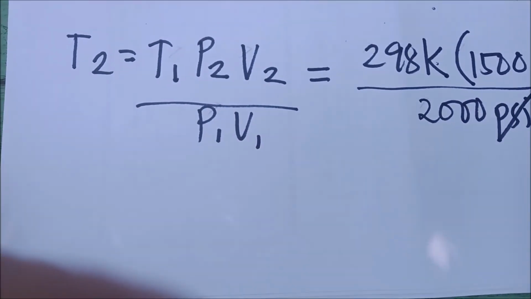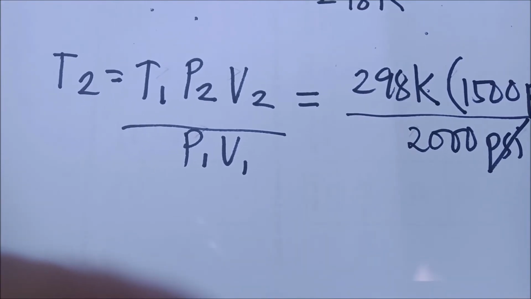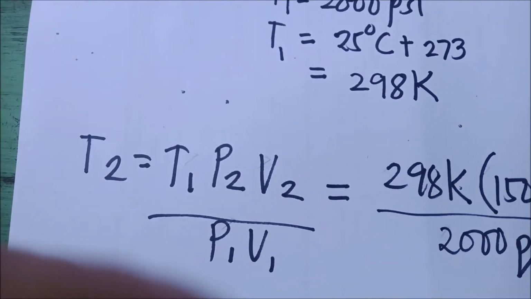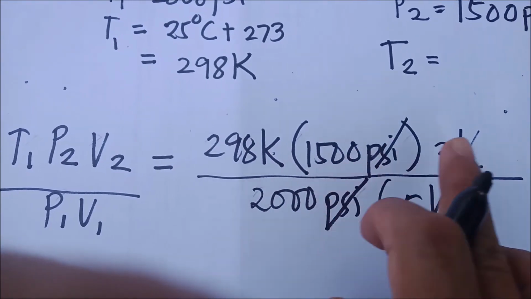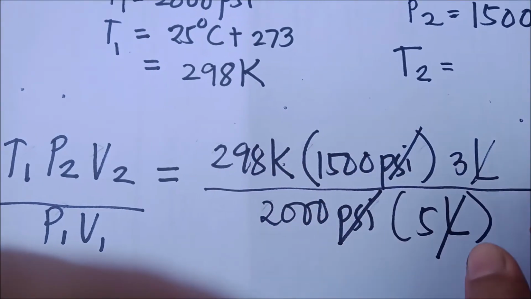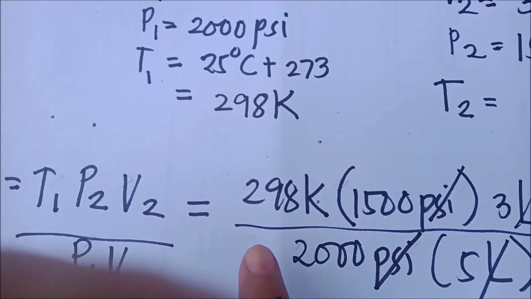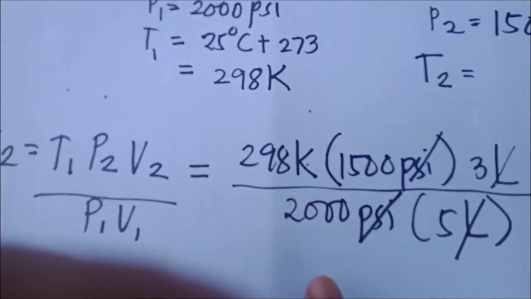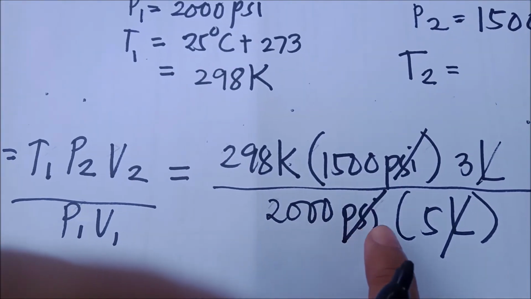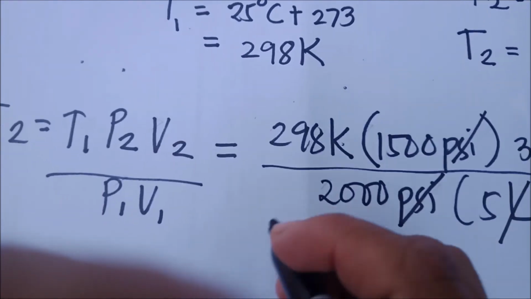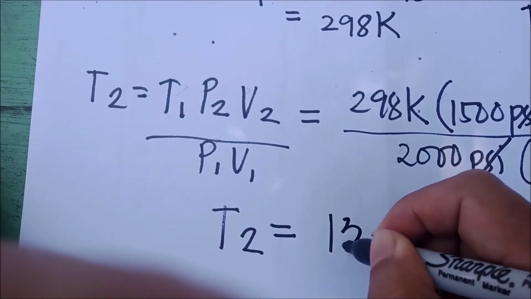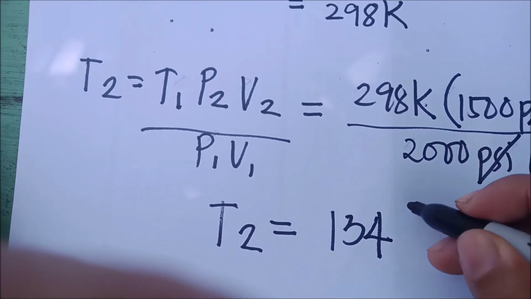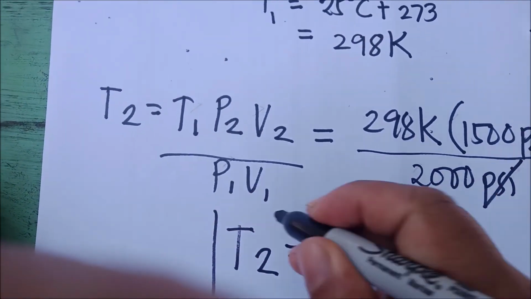So, if you're going to compute it, 298 Kelvin times 1500 times 3. The product of the numerator should be divided by the product of the denominator, which is 2000 times 5. Final value for T2, which is 134 Kelvin.